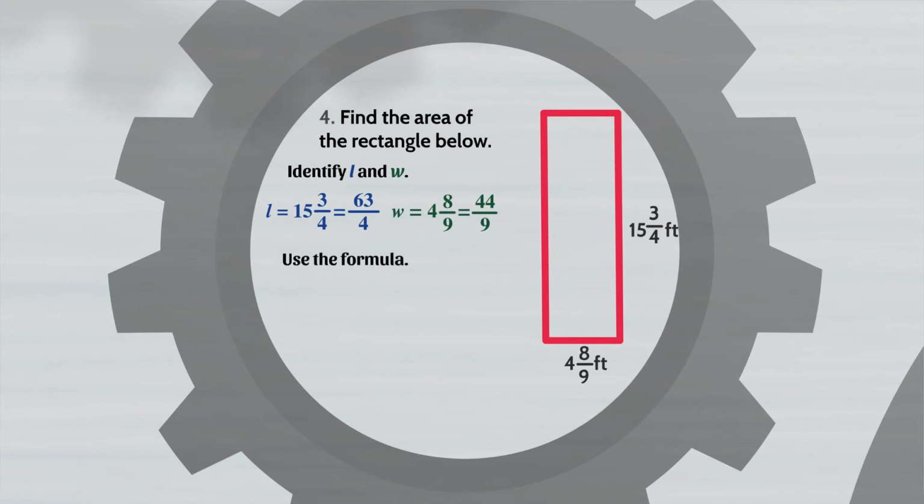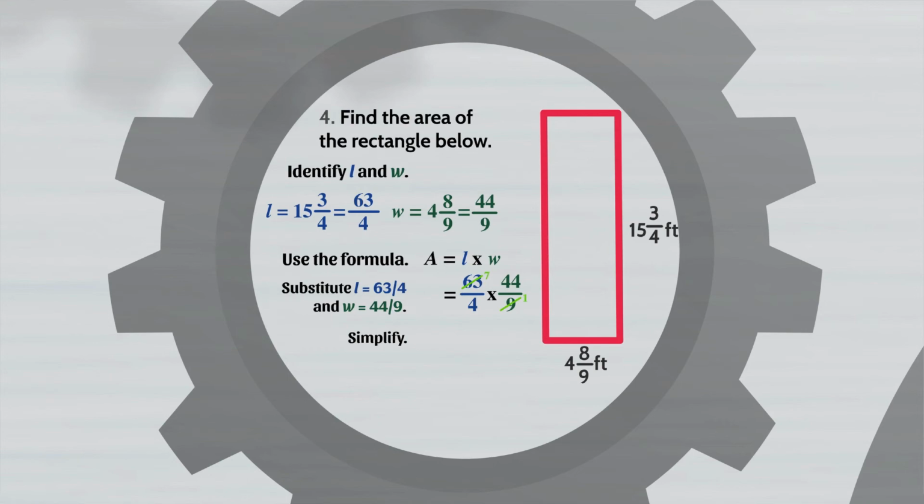Let's use the formula A = L times W. Then we will substitute the values of L and W. After that, we now have A = 63/4 times 44/9. We can still simplify these fractions. To get the simplest possible answer, we will simplify before multiplying. Divide 63 and 9 by their GCF, which is also 9.